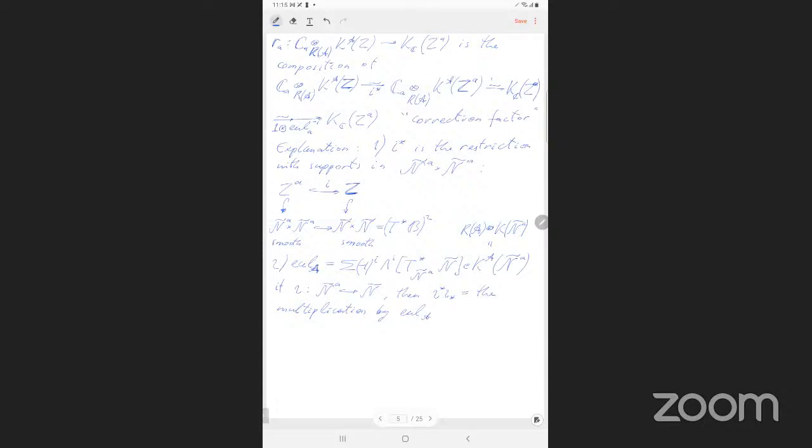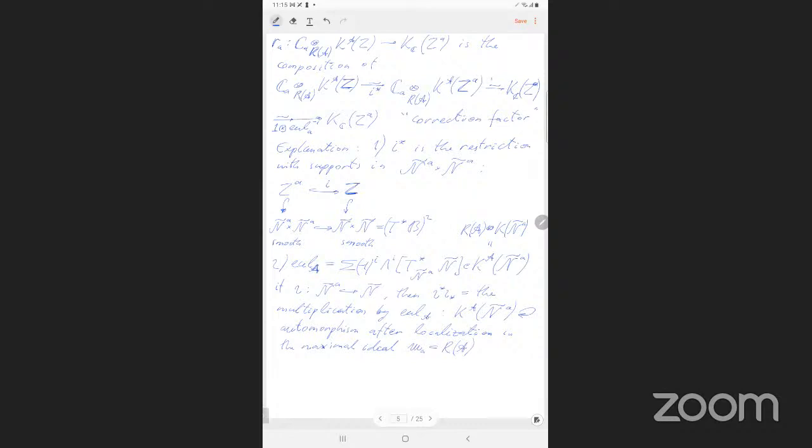Okay, and in fact, it's an automorphism of the equivariant K theory of this, if you localize in the maximal ideal M_A in the representation ring of this group.